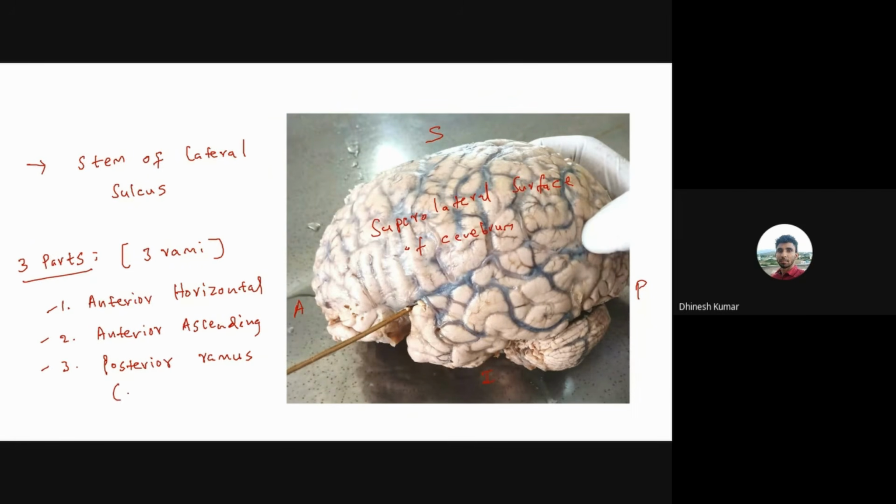And this is the largest. Which one? Posterior ramus is the largest, as well as it is the main continuation of the lateral sulcus. Got it? Fine.